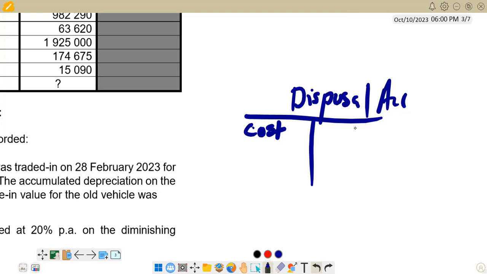Then the accumulated depreciation up to the date that we disposed of the asset comes on the credit side, and the amount for which we disposed of the asset also comes on the credit side, as cash or bank, depending on the method of payment.